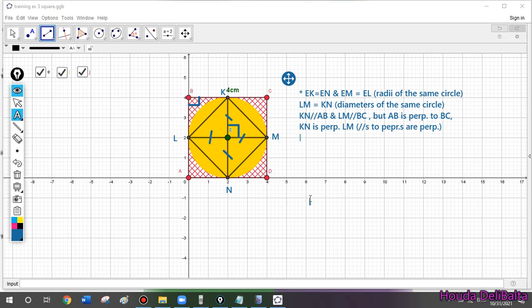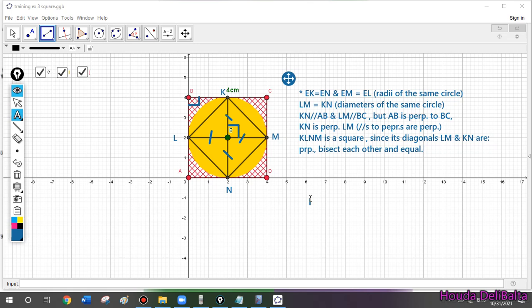And thus we say that KLNM is a square by using the diagonals, since its diagonals LM and KN are satisfying the three conditions: perpendicular, bisect each other, and equal.